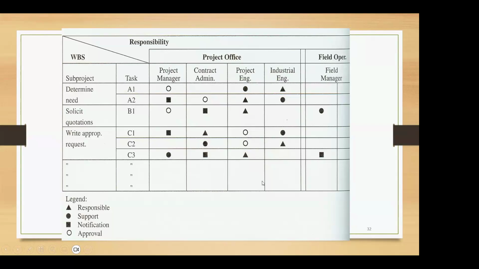Out of these people, we will look at who is going to be responsible, who is going to support the task, who needs to be notified about it, and who is going to provide the approval. If we look at soliciting the quotations, the project manager is the person who will provide the approval. Contract administration needs to be notified, and the project engineer is the person who is going to be responsible for the task.